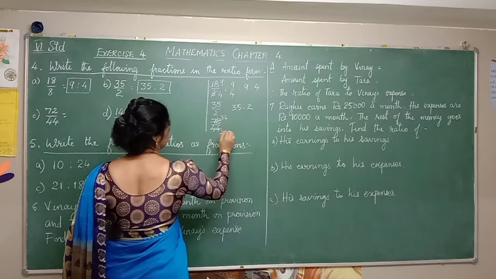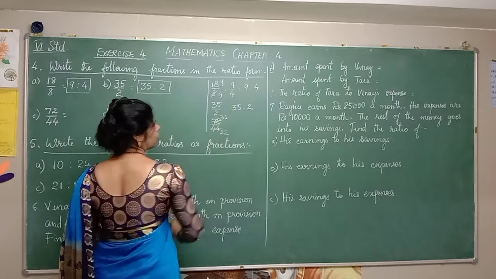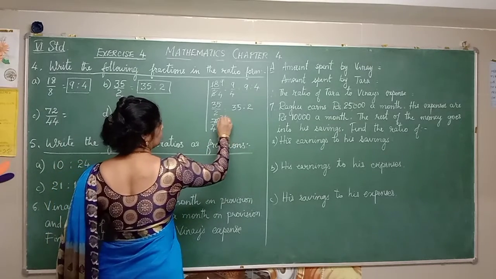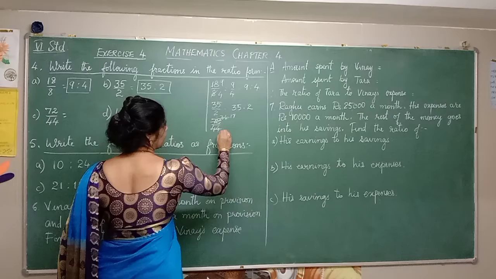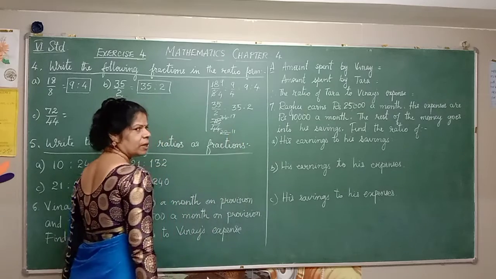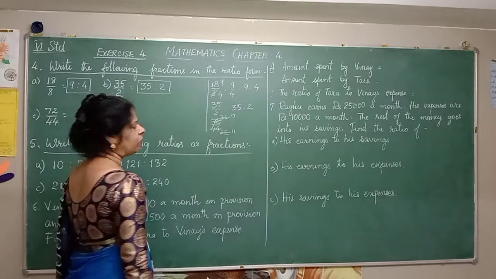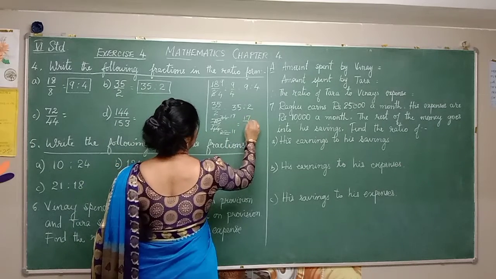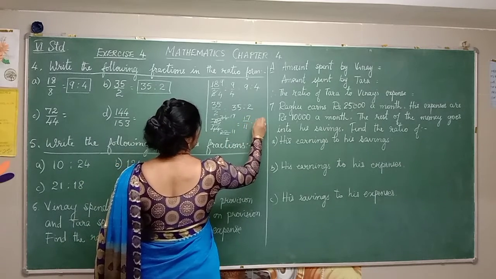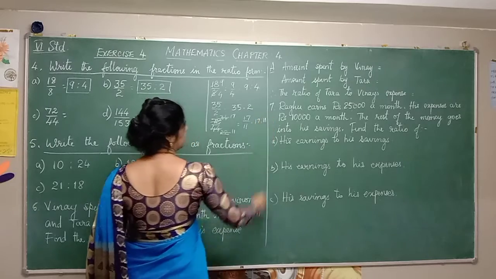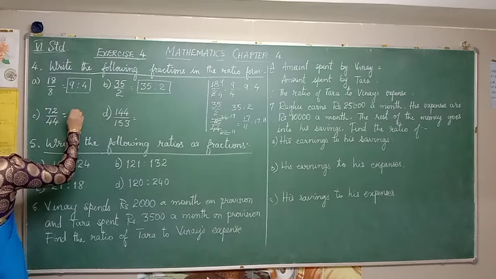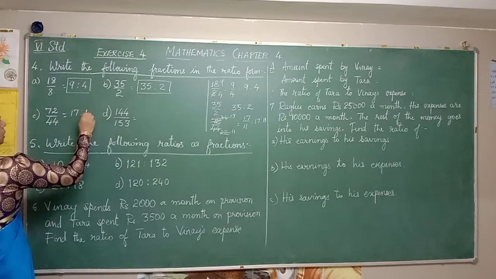Here 2 2s are 4 and 2 2s are 4. Again further you can simplify because both are even numbers. So 2 17s are 34 and 2 11s are 22. Now 17 by 11 you cannot simplify further. So it will be 17 by 11, which is equal to 17 is to 11. So your answer for this will be 17 is to 11.